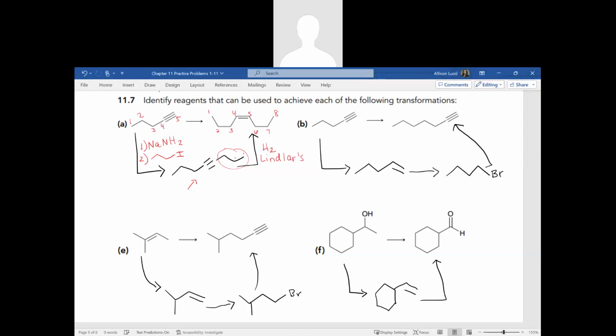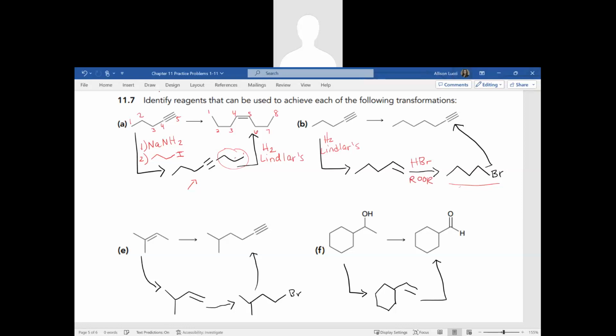So we could create this alkyl halide by first converting our alkyne to an alkene. We could use H2 and Lindlar's catalyst again to generate this alkene here. And then at this step, we could follow with an anti-Markovnikov addition of HBr on that pi bond.